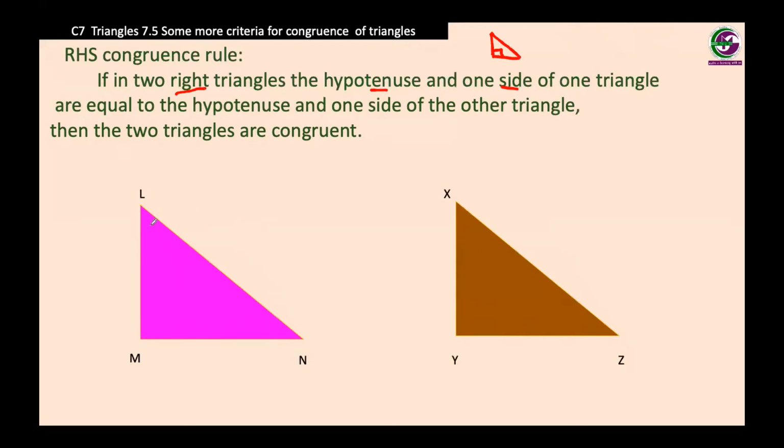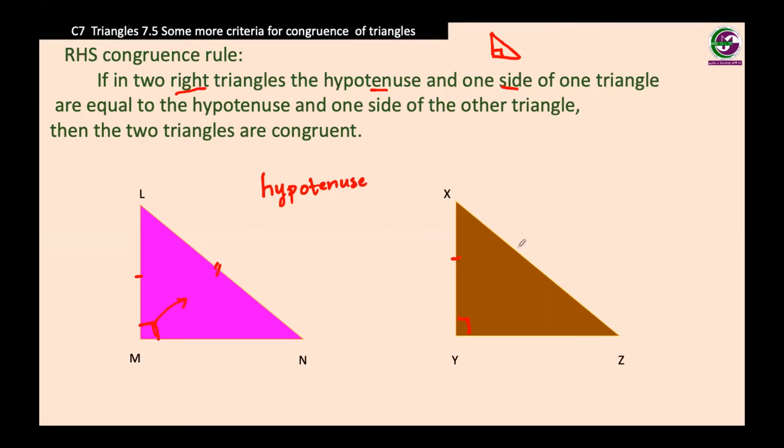Here it is. These two triangles are right angled at M and Y. Now, we can say these are congruent if one of the sides, let's say LM and XY, it can also be MN and YZ, any one of the sides, and the hypotenuse. Hope you remember the word hypotenuse from small classes. Hypotenuse means the side which is opposite to 90 degrees.